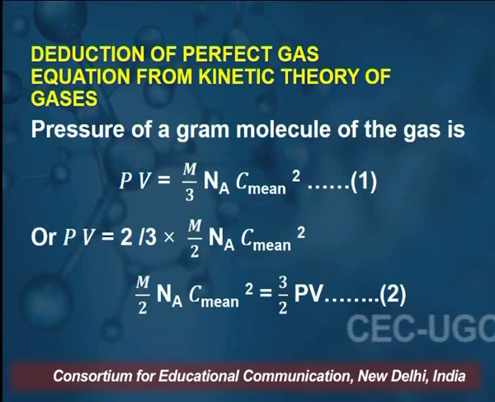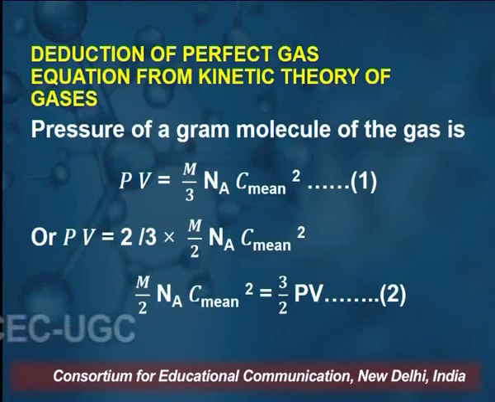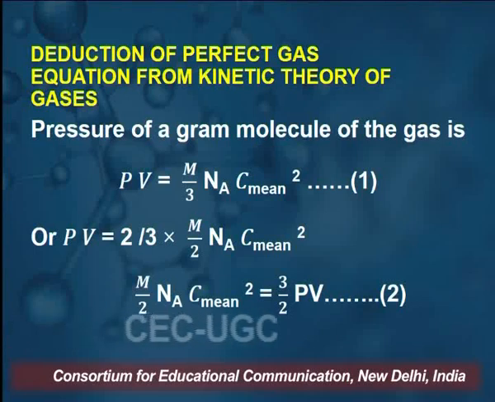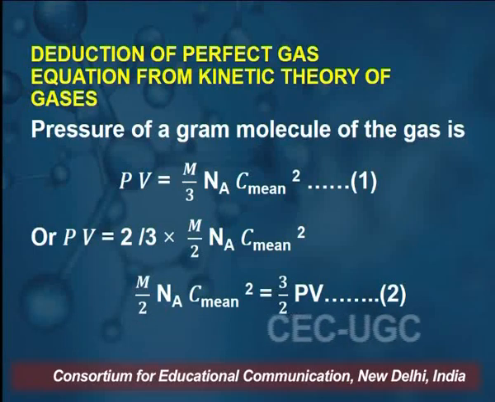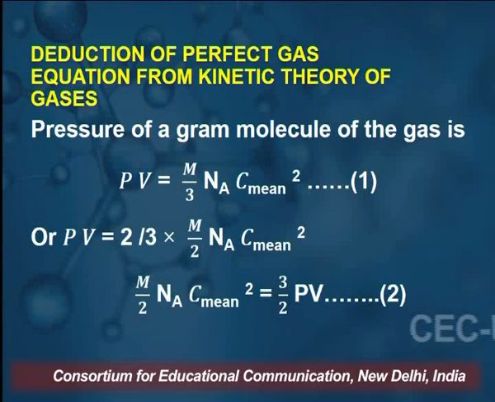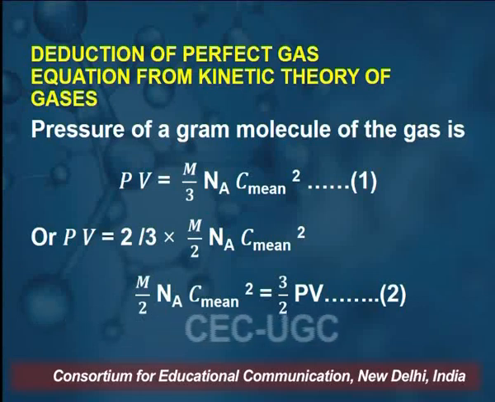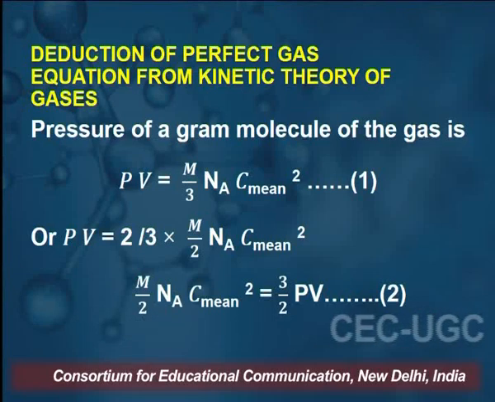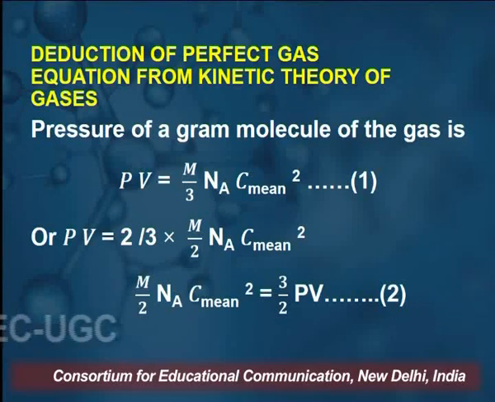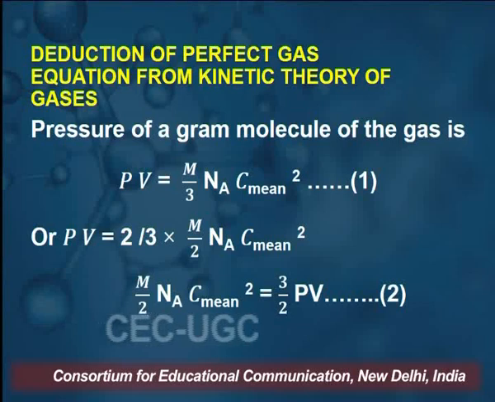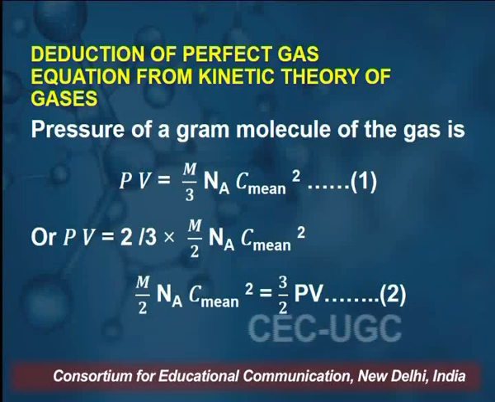Pressure of a gram molecule of the gas is given by PV is equal to m by 3 Na C mean square, or PV is equal to 2 by 3 into m by 2 Na C mean square. Here what we have done is we have multiplied and divided expression 1 by 2. So m by 2 Na C mean square is equal to 3 by 2 PV.